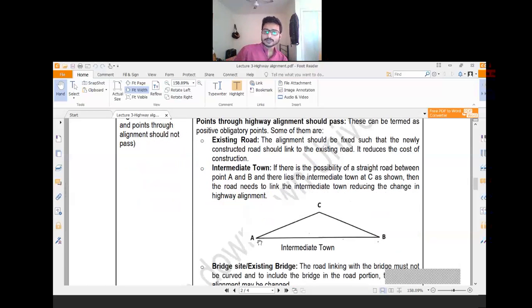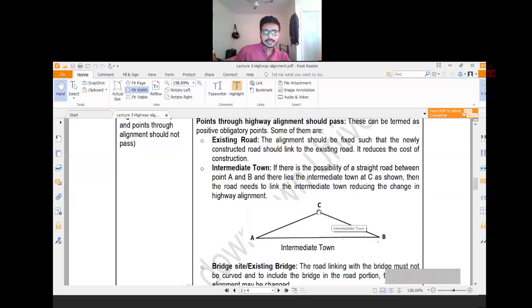Now intermediate towns. Refer to this figure. Suppose A and B are two cities and you need to connect them. In the previous discussion, we said that a highway alignment should be short, so the shortest distance would be connecting A and B directly. But suppose an intermediate station C is there.